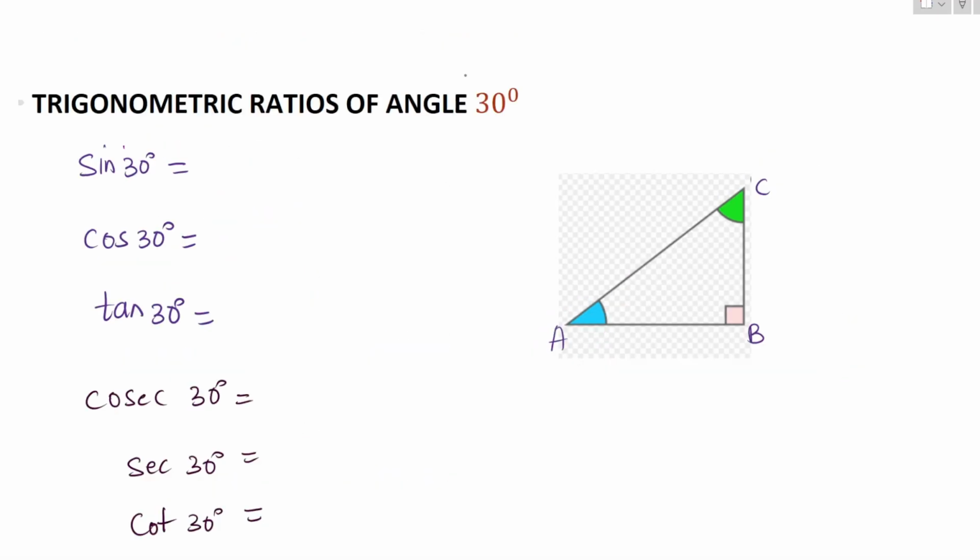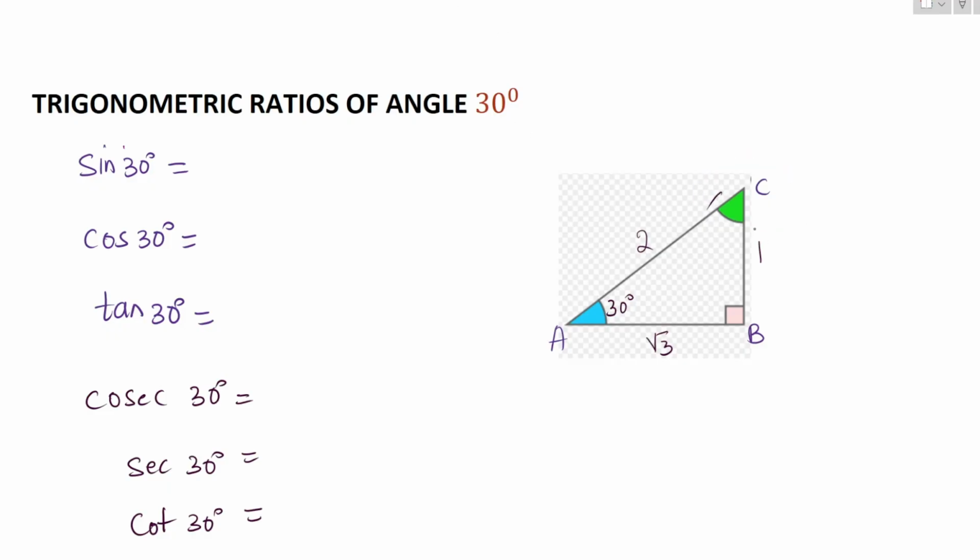Now for finding trigonometric ratios of angle 30 degree, remember to take a right angle triangle in this way, and the side adjacent to 30 degree take as root 3 and opposite as 1, and hypotenuse you should take as 2 because it's always greater than the other two sides.